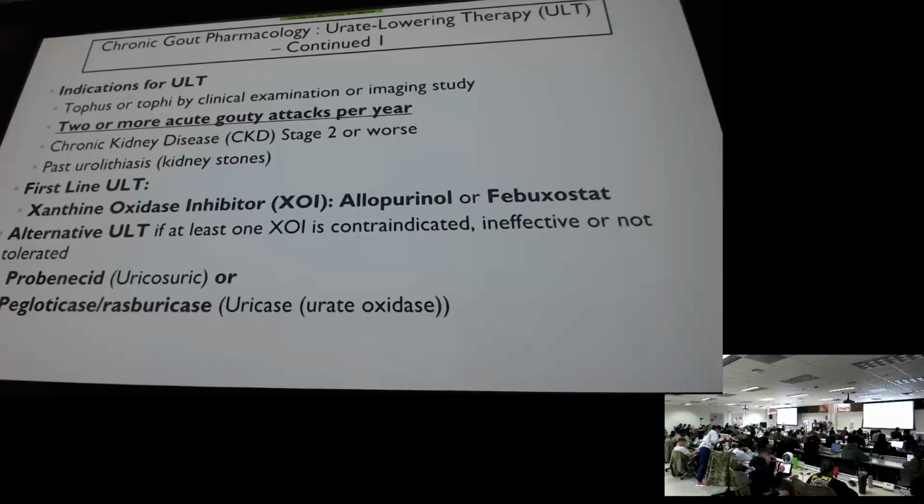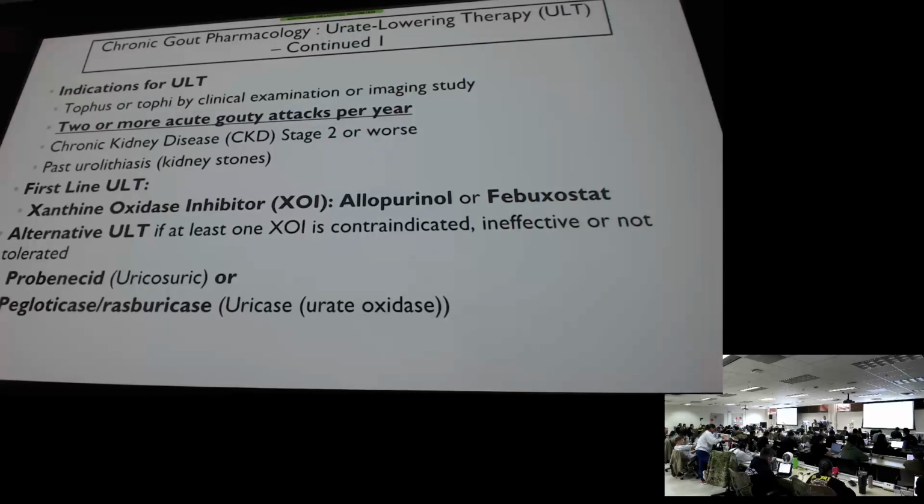First line is your allopurinol or febuxostat, so that's the xanthine oxidase inhibitors, and we're going to show you that reaction here. So basically, that's an enzyme that's being inhibited, so you can't make uric acid. And then if you cannot use one of the XOIs, if it's contraindicated or it didn't work for urate therapy, we're going to go to a uricosuric, i.e. it's going to increase your excretion of uric acid.